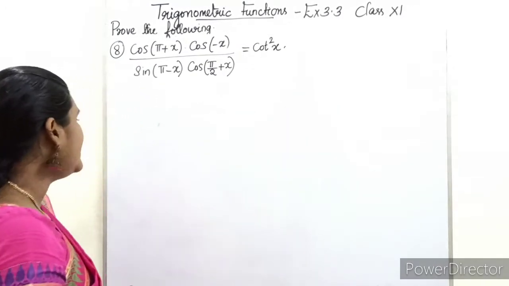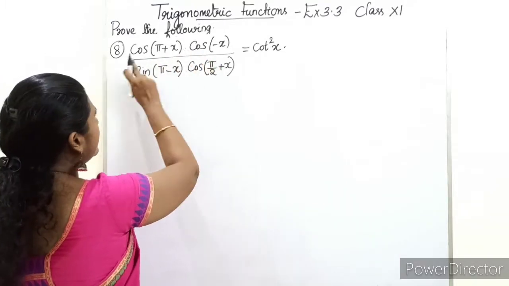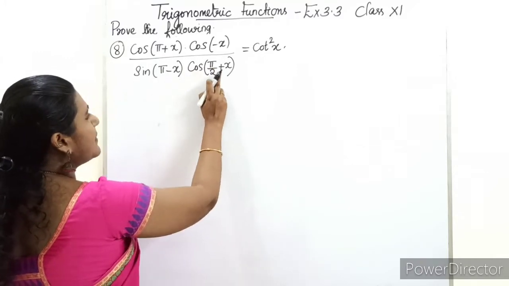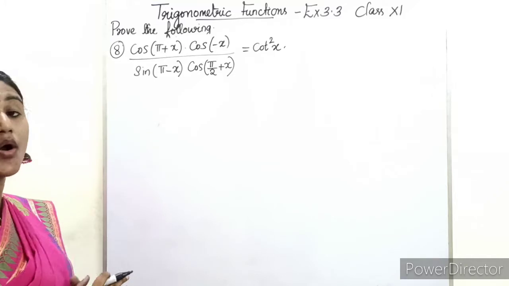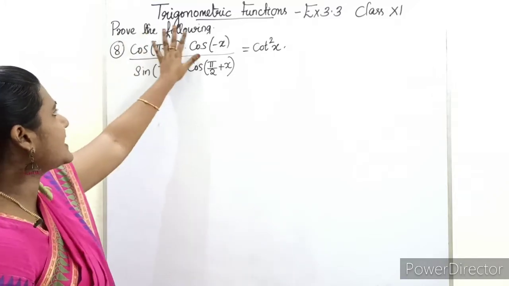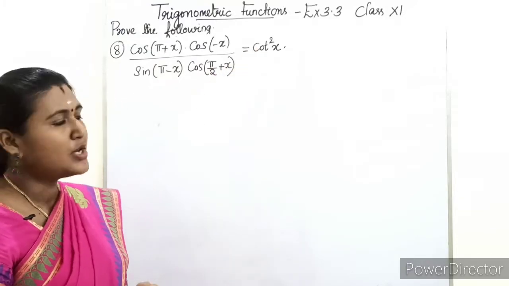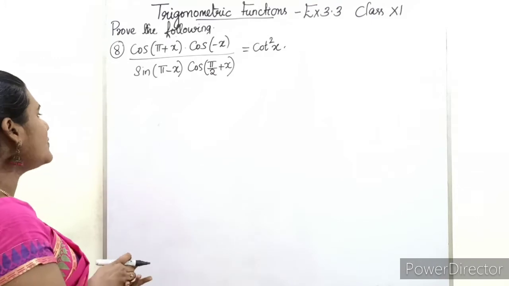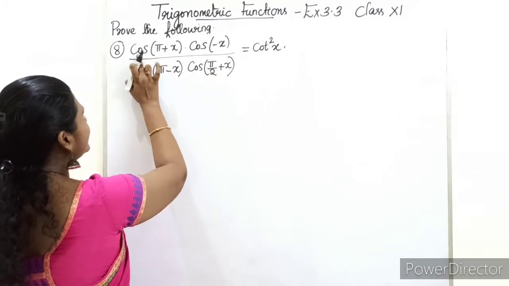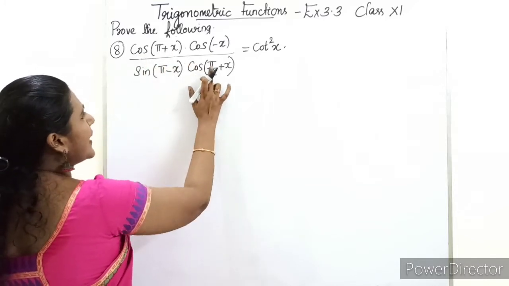So question number 8: cos of pi plus x into cos of minus x divided by sin of pi minus x into cos of pi by 2 plus x is equal to cot square x. So when you simplify the left side expression, you should get the answer as cot square x. Here in the left side, we have to first find these values, that is cos pi plus x, sin pi minus x, cos pi by 2 plus x.